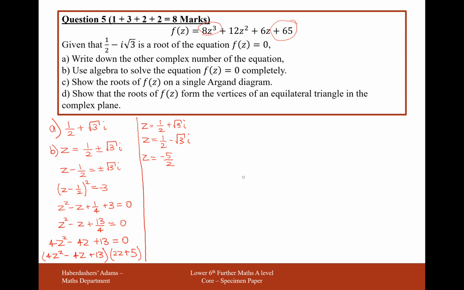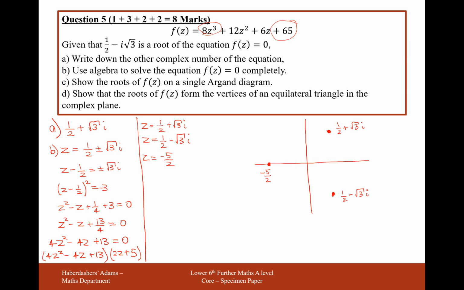Show them on a single Argand diagram. So let's make this nice and clear. Minus 5 over 2 is going to be over here. Let's label them. Half plus root 3i will be up here. And a half minus root 3i will be symmetrically down here.